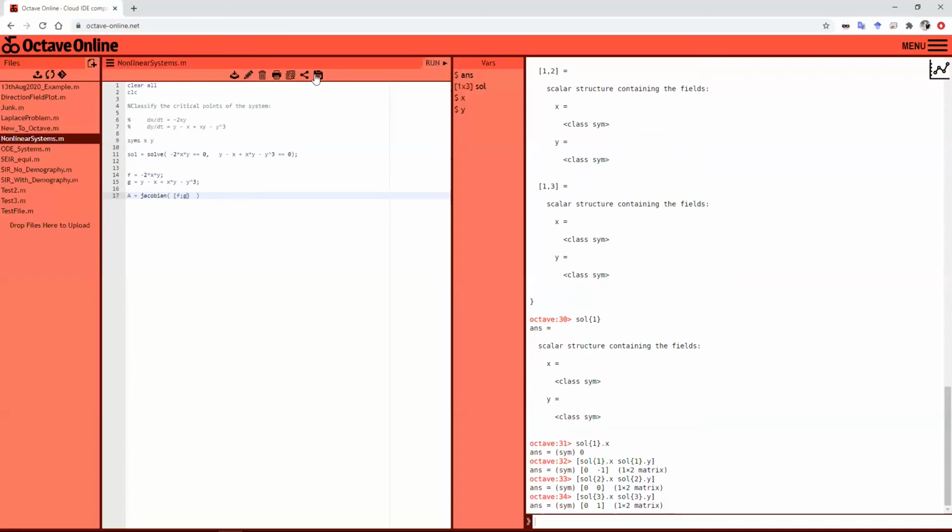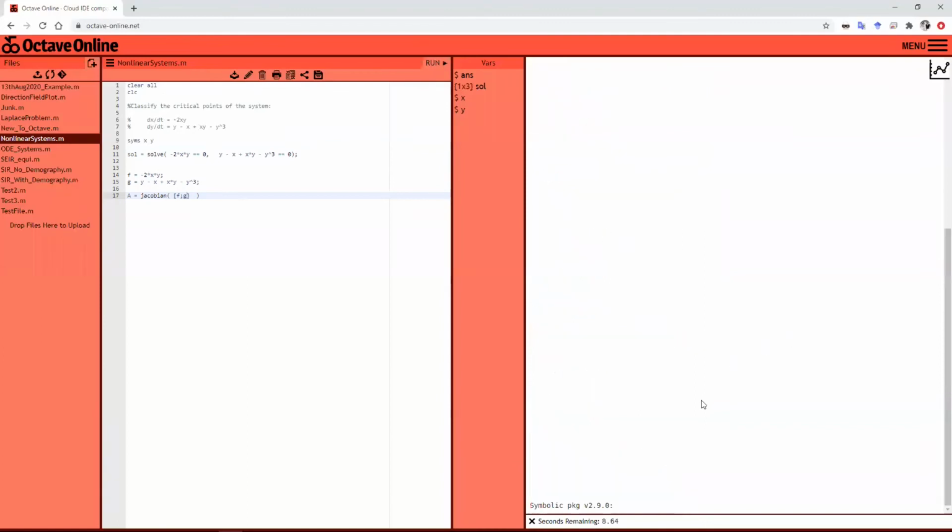So if I save and run that, then hopefully I'm going to get the Jacobian matrix. Okay, so here is the Jacobian: negative 2 times y, negative 2 times x, y minus 1, and x minus 3y squared plus 1.